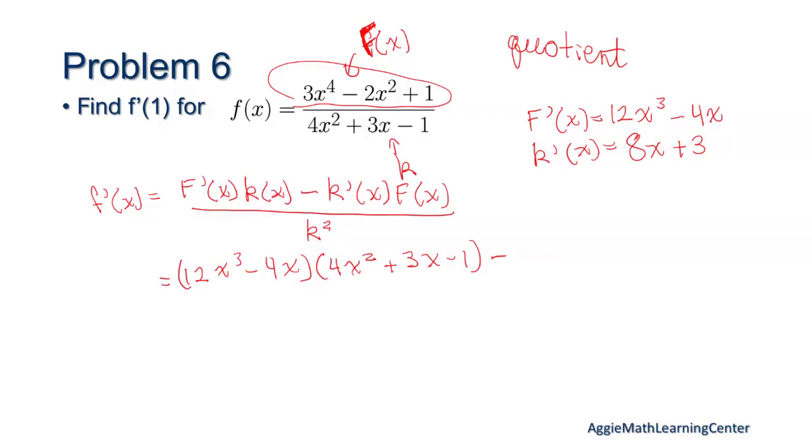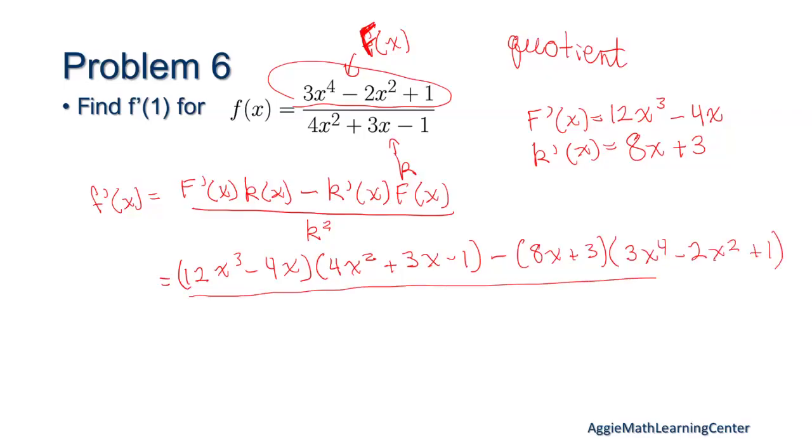Then we have our k prime, 8x plus 3, times our f, which is 3x to the fourth minus 2x squared plus 1. And this is all over our 4x squared plus 3x minus 1, squared.